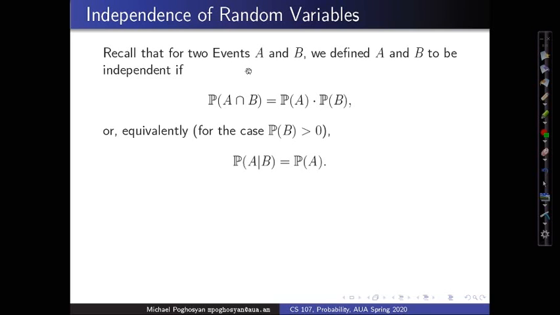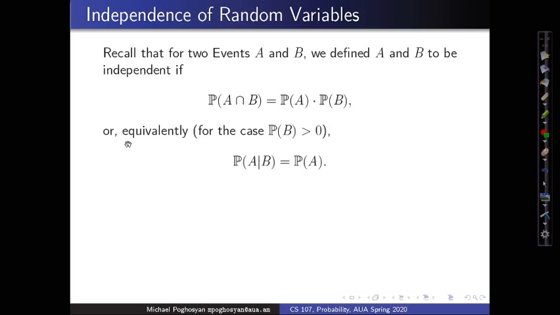Events A and B are called independent if the probability of their intersection is the product of probabilities of A and B. So the probability of A intersected with B is the product of the probability of A and the probability of B.